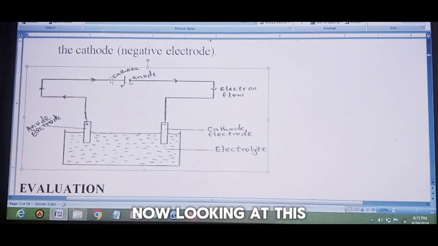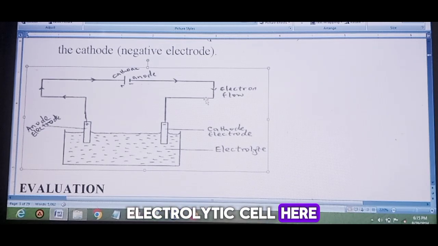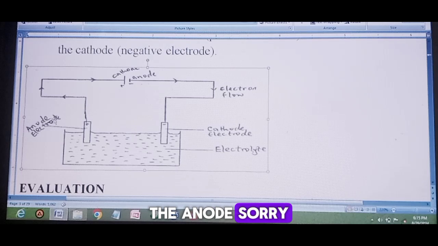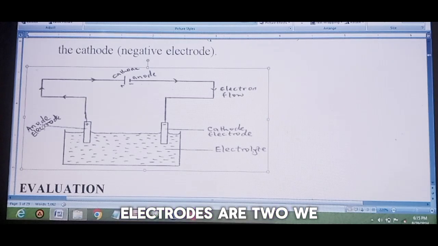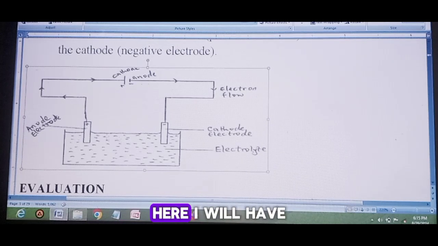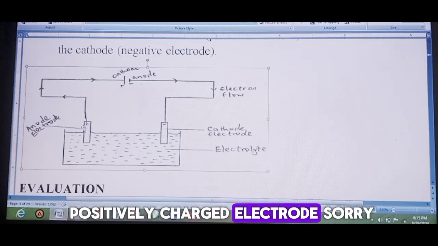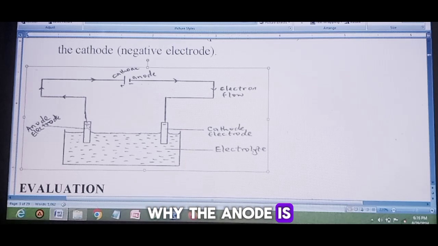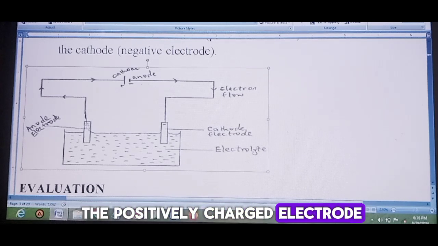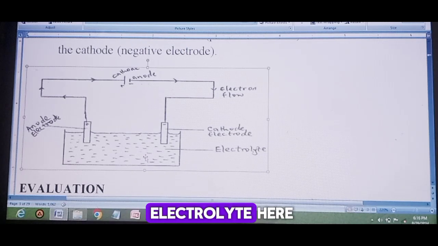Looking at this electrolytic cell here, the electrodes are two. We have the anode here and we have the cathode. Sorry, the cathode is the negatively charged electrode, while the anode is the positively charged electrode. And I have the electrolyte here, the cell, and the electron flow.